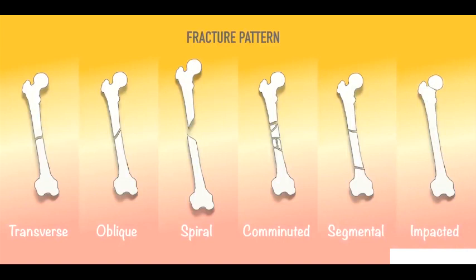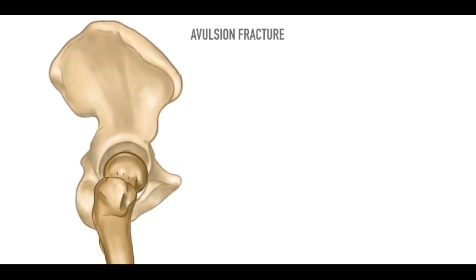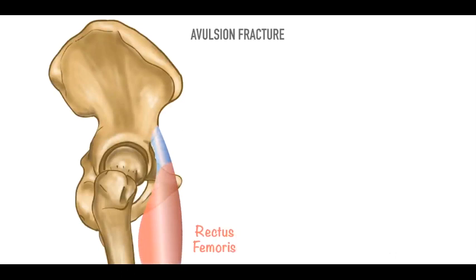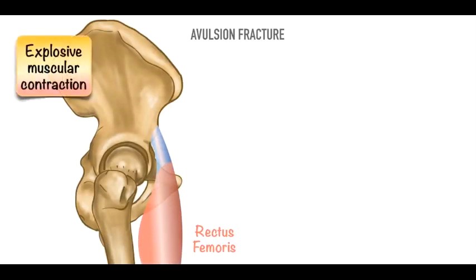There is another important fracture which is not mentioned under these types of fracture, which is avulsion fracture. This fracture is caused by ligament, tendon, or capsular insertion. It mostly occurs as a result of explosive muscular contraction.